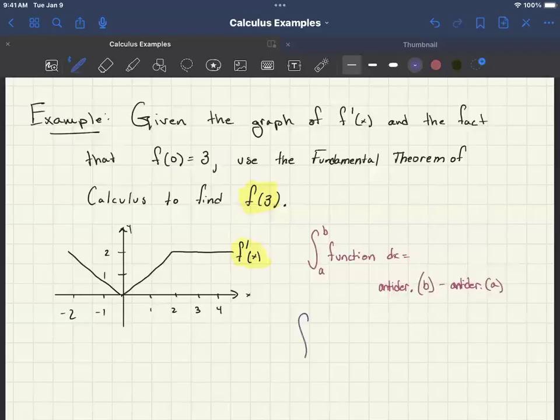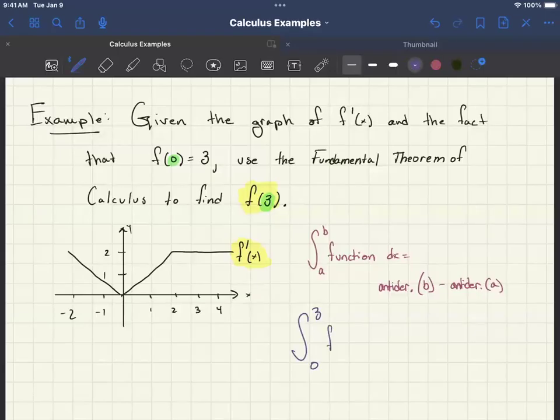In this case, we're going from 0 to 3 because notice those are the two numbers that we see popping up here, right? We definitely know what happens at f of 0, and we want to figure out what happens at f of 3. So those are the two bounds that we need.